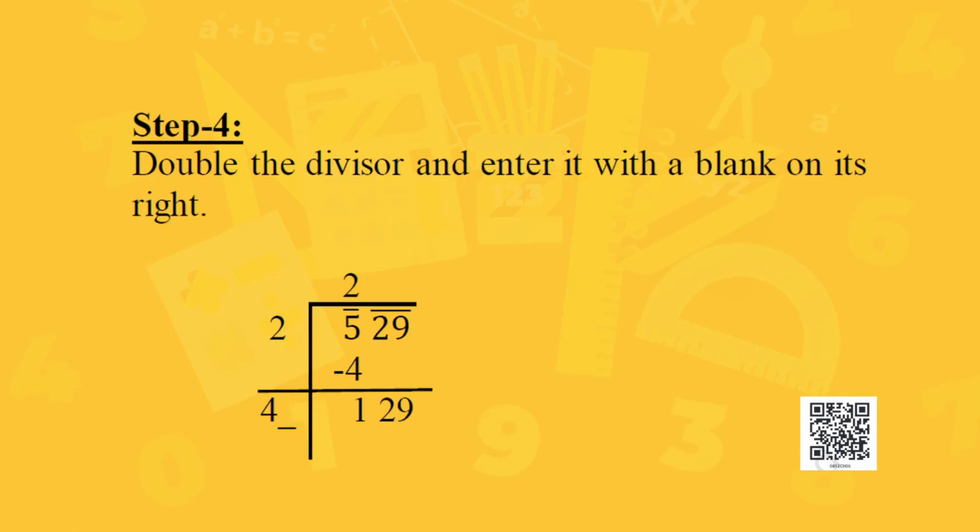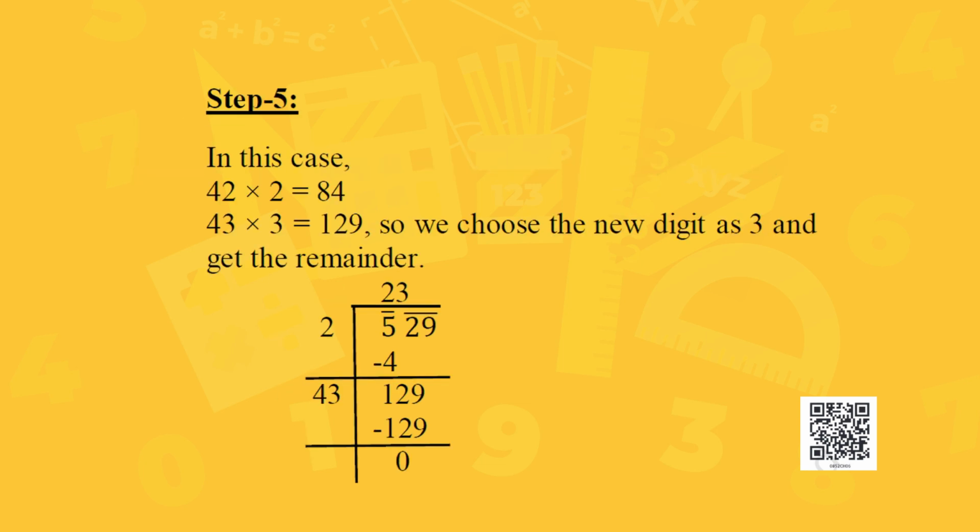Moving on to step 4, double the divisor and enter it with a blank on its right. In our case, when we double the divisor 2, we get 4 and we put a blank on the right of 4. Proceeding to step 5, guess the largest possible digit to fill the blank, which will also become the new digit in the quotient, such that the new divisor multiplied by the chosen digit is less than or equal to the dividend.